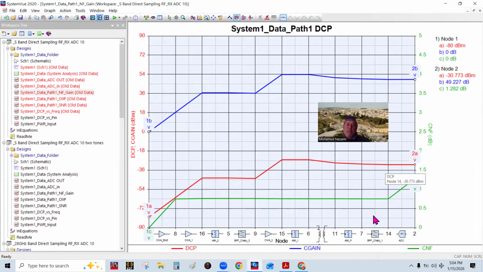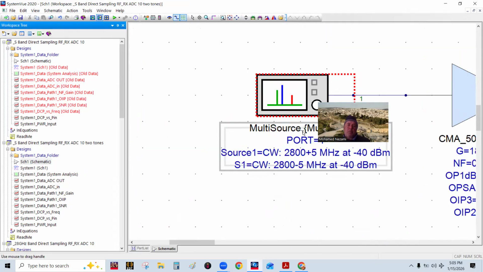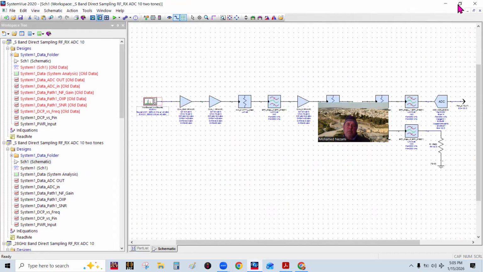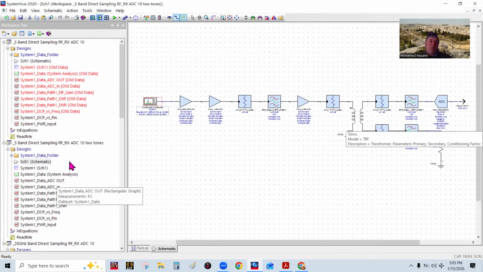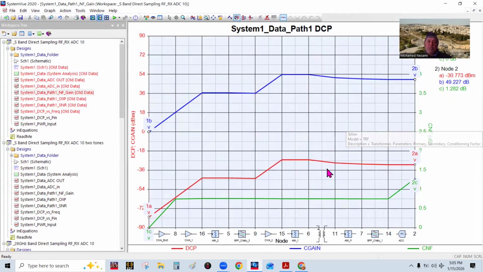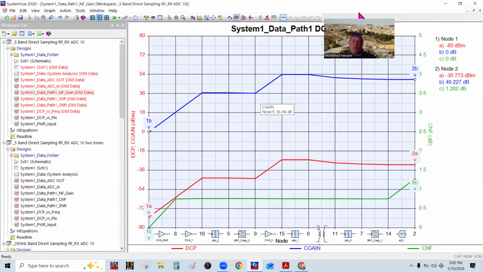Then there's the cumulative gain, and then the cumulative noise figure, and these are the stages in here. So this chain, when we sweep it, I have this behavior. And so we can go to any of these stages and find out what the system response is at that point.